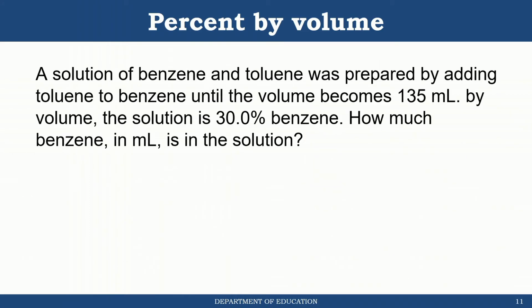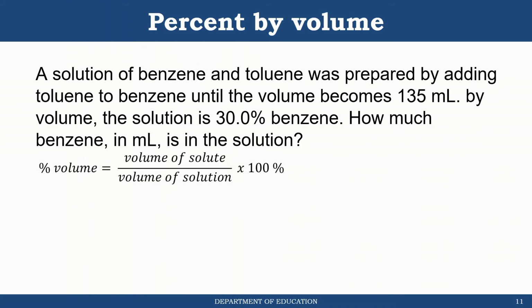Another example, a solution of benzene and toluene was prepared by adding toluene to benzene until the total volume becomes 135 ml. By volume, the solution is 30% benzene. How much benzene in ml is in the solution? Percent by volume is equal to the volume of solute divided by the volume of solution times 100.